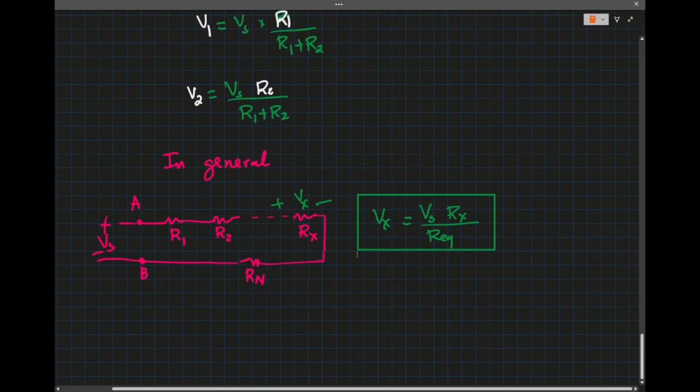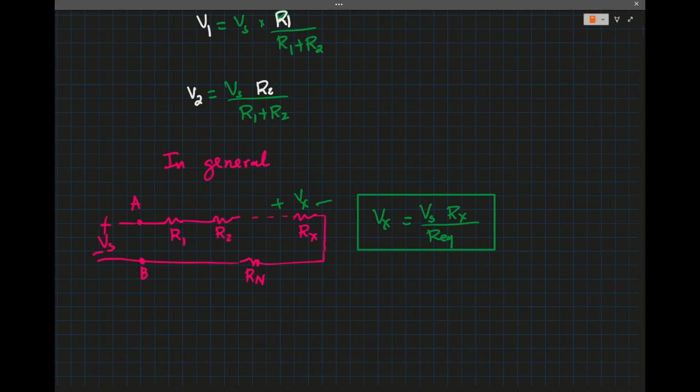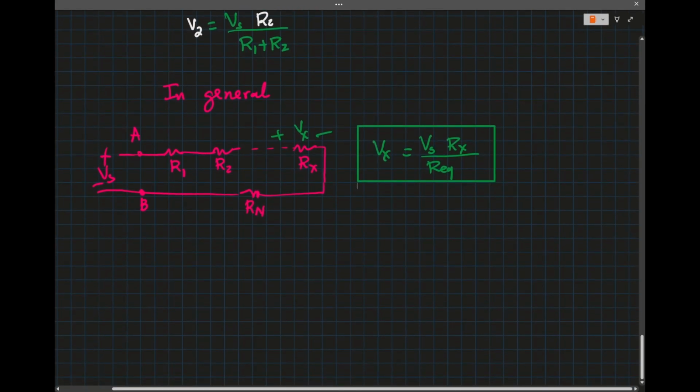So when you have resistances in series, to find the voltage drop across any of the resistances, you take the total voltage times that particular resistance divided by the equivalent resistance.